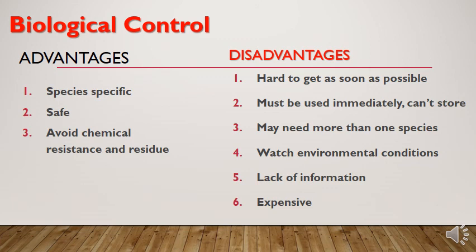We must watch environmental conditions because it is actually a living organism and can be affected by the environment. It is also expensive because we have little information about the species that can be used as beneficial microorganisms and as biological agents in biological control.